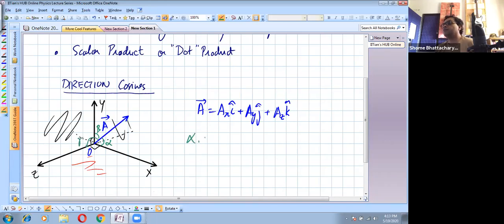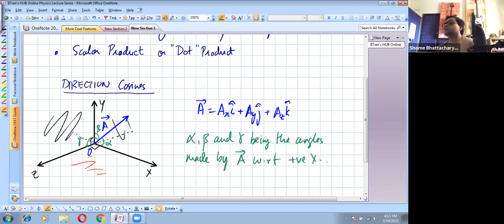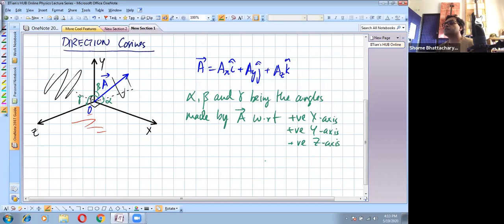So alpha, beta, and gamma being the angles made by the vector with respect to the positive x-axis, the positive y-axis, and the positive z-axis, respectively.